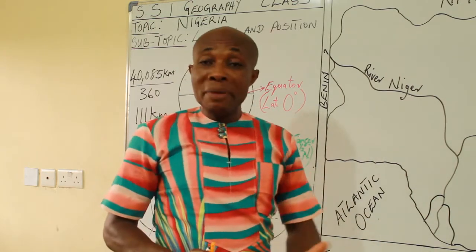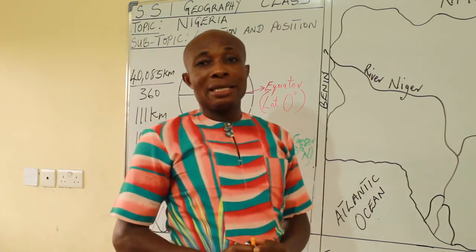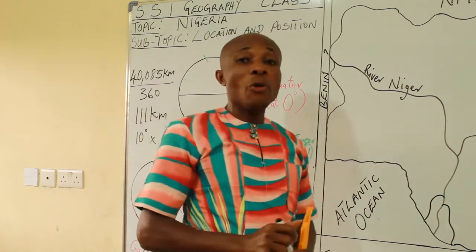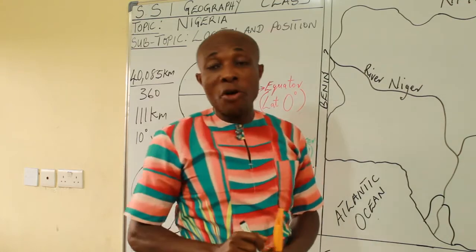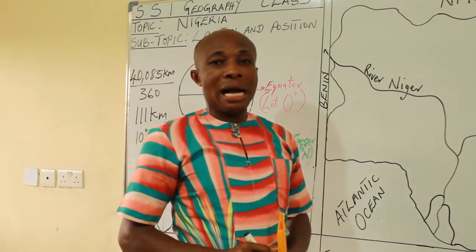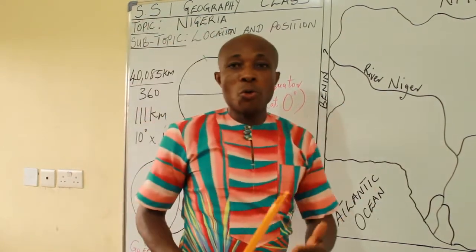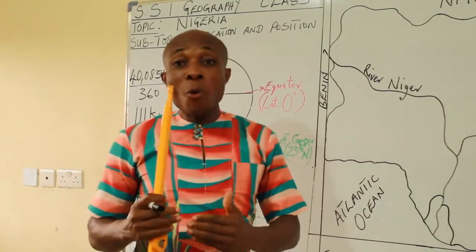Then you can also determine the number of local governments of each of the states. And in Nigeria, we have about 774 local governments.